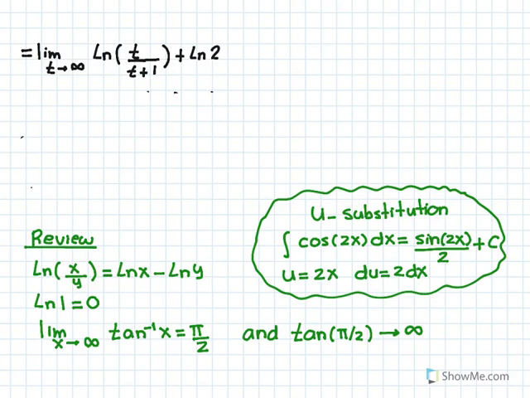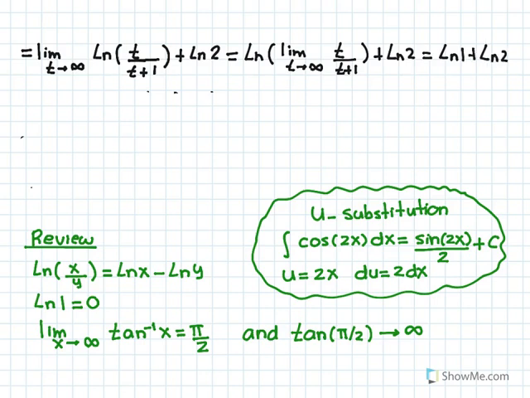All right, so what we have is the limit as t goes to infinity, log t over t plus 1, plus log 2. We brought the log inside, we brought the limit inside. I'm going to do this again, even though we did it before, just to emphasize this. Limit t goes to infinity of t over t plus 1, plus log 2. That gives us ln 1 plus log 2.